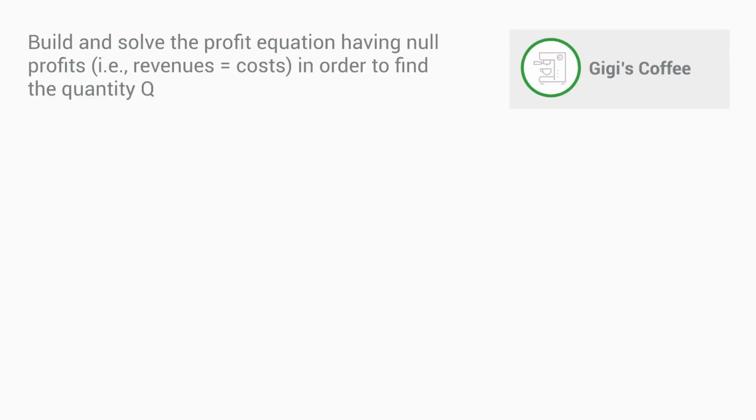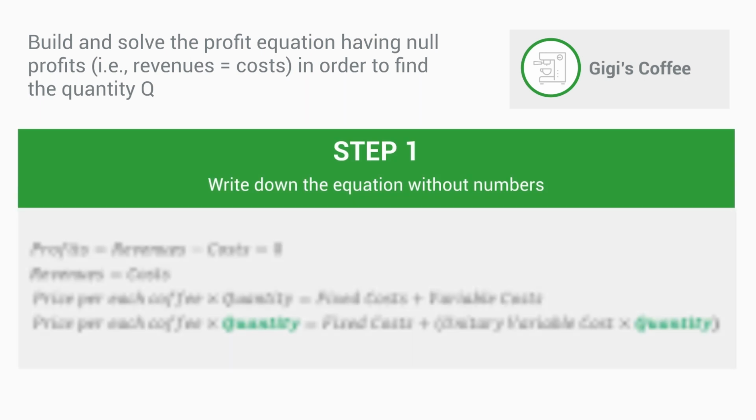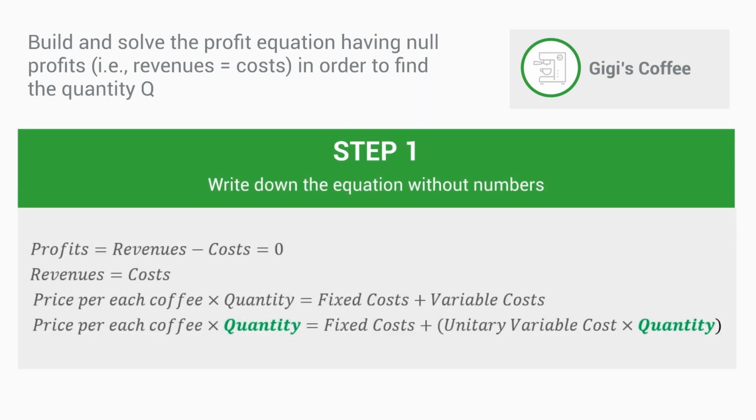We need to build and solve the profit equation with the profit value set to zero, meaning that revenues will be equal to costs. The first step is to write down the equation without numbers, that is, price per coffee times quantity equals fixed cost plus unit variable cost times quantity.